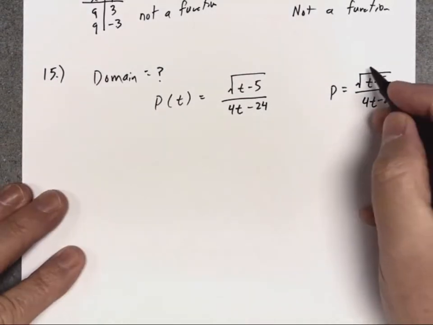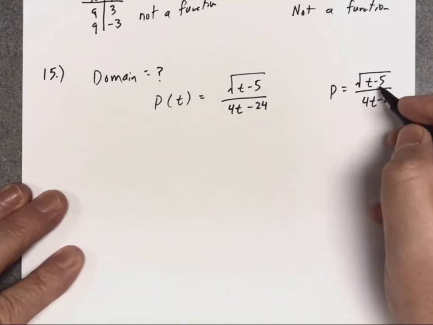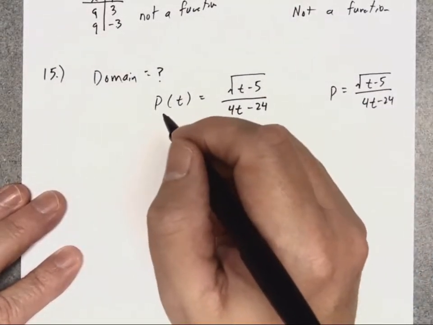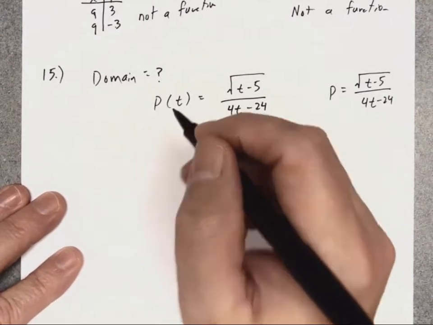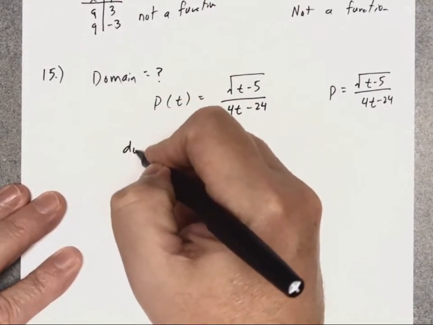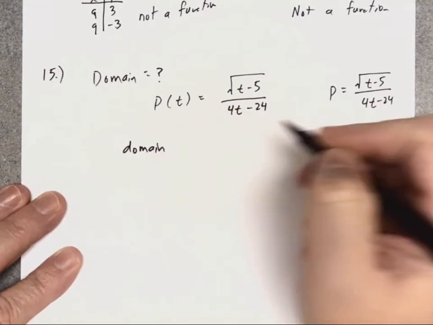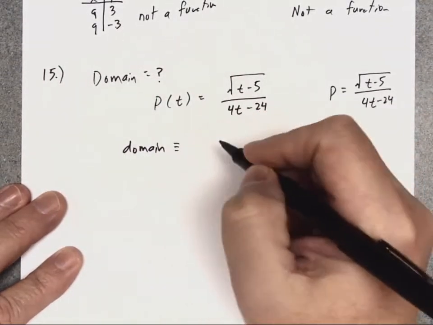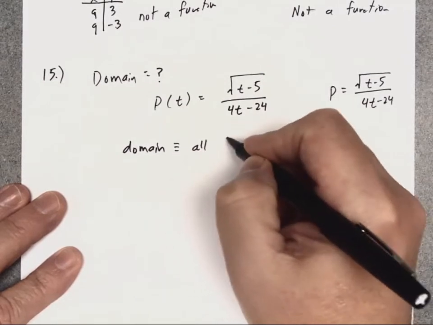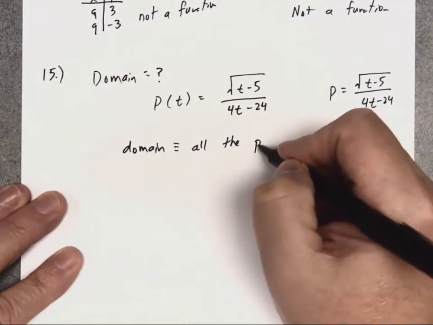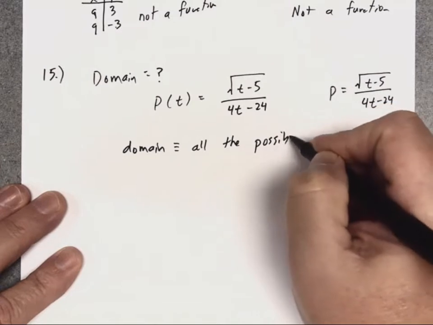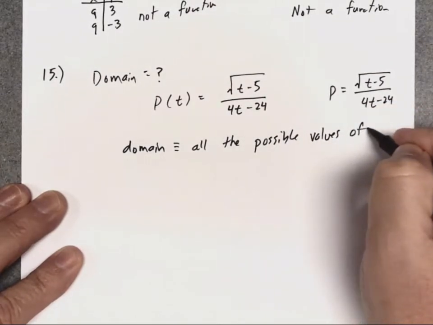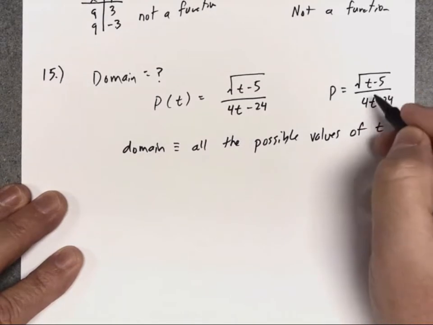In this case, the domain has to do with the letter T. And here's the definition I like to give, and then I'll explain how it works. Here's actually what the domain really means for this function. The domain is all the possible values of T. So T is my variable.